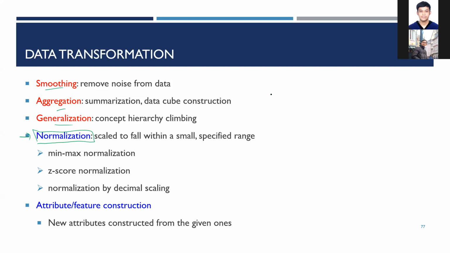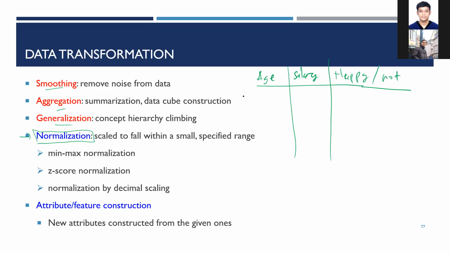Sometimes, for example, let's say we have the attribute age and the attribute salary. And from the age and salary, let's say we have another attribute, maybe health, happy or not.